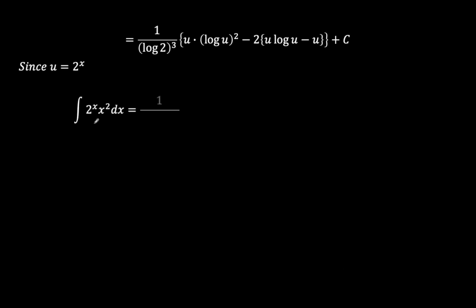So the integral of 2 to the power x times x squared is 1 over log 2 to the power 3. In place of u, we have 2 to the power x. In place of log u squared, we have log 2 to the power x squared minus, in place of u here, log 2 to the power x. In place of log u, log 2 to the power x minus, in place of u, 2 to the power x.